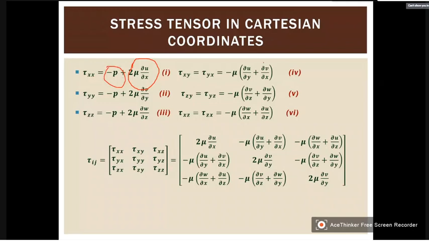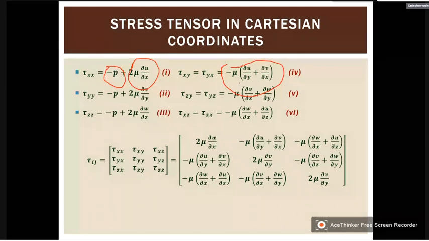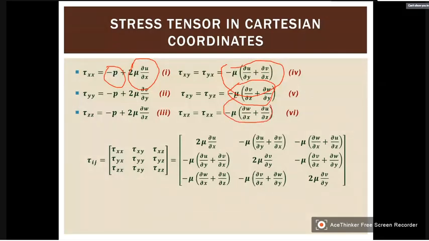So this is the expression for tau xx, xy, and tau yx. This is the expression for tau zy and tau yz, and the simplified form will be this.